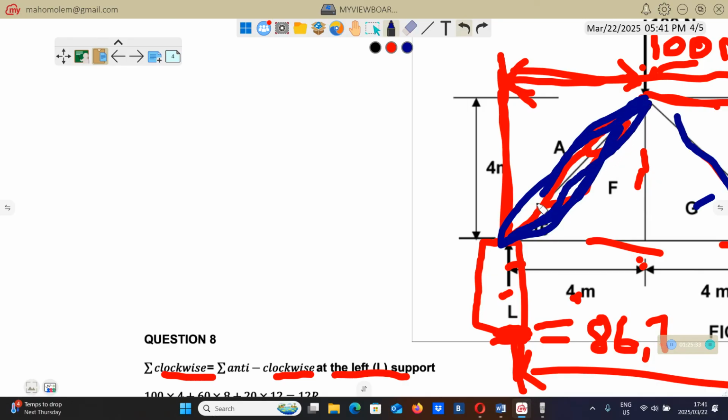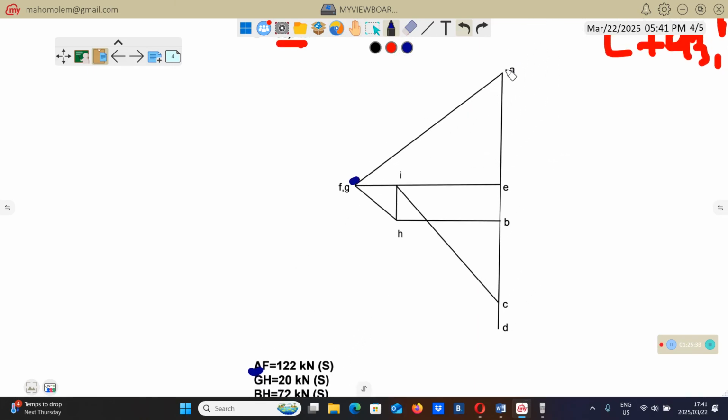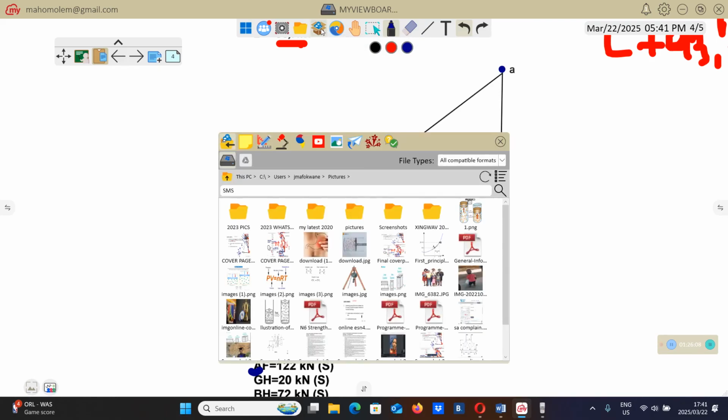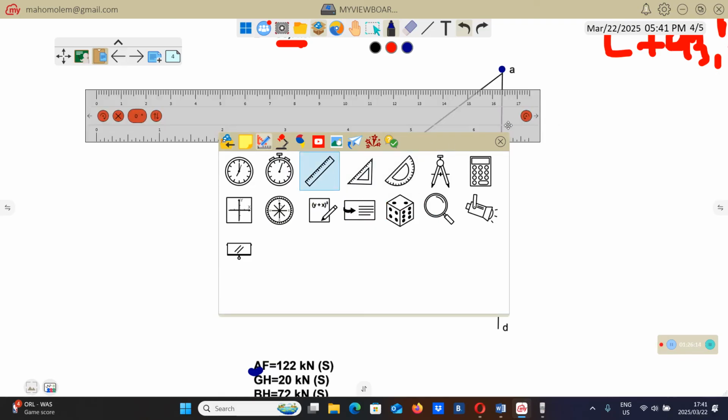If you want to know how much this one will carry, you just have to measure from A to F. You measure this length from A to F, then maybe you will get, I don't know, maybe 6 centimeter. So you'll come with a ruler and measure there.